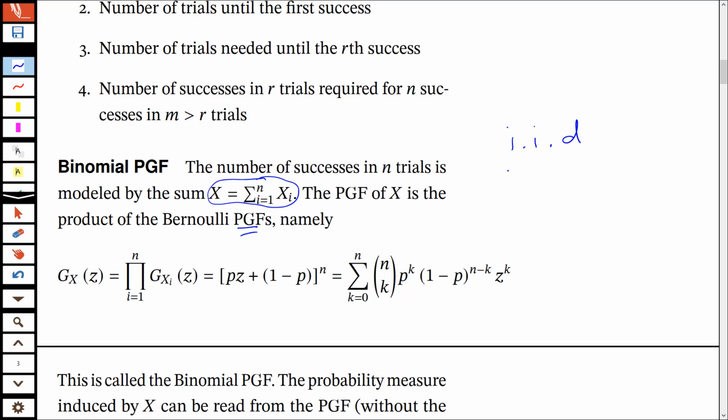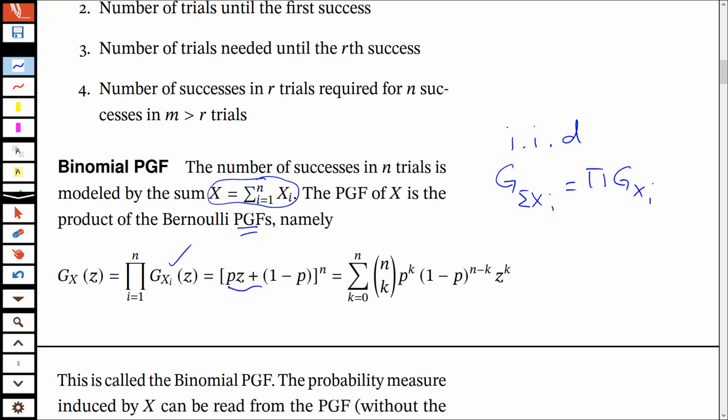We discovered last time that the PGF G of a sum of independent variables is the product of their individual PGFs. Here I have the same situation. X is the sum of these Xi's. I know the PGF of each one of them. I just have to multiply.